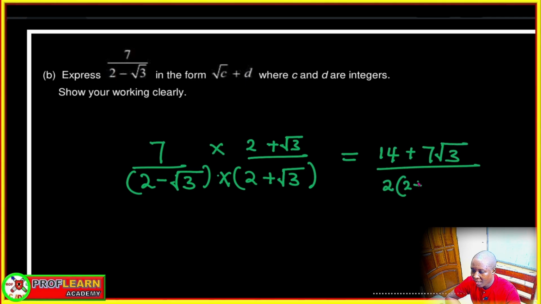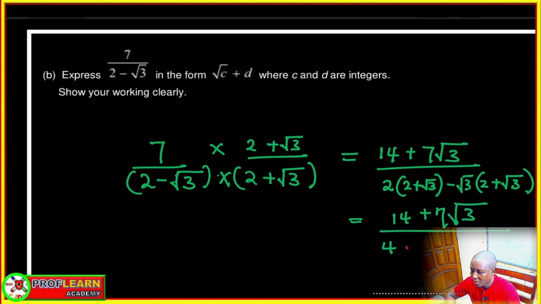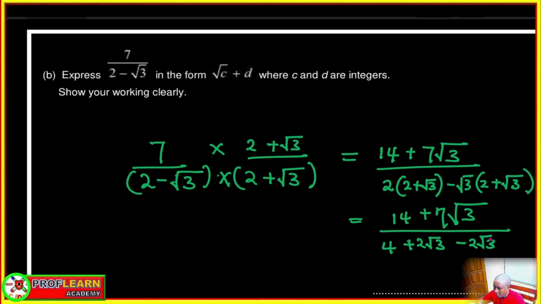We are going to have the denominator simplifying to what? Opening the bracket for the denominator here, our expression will become, these two will cancel out.